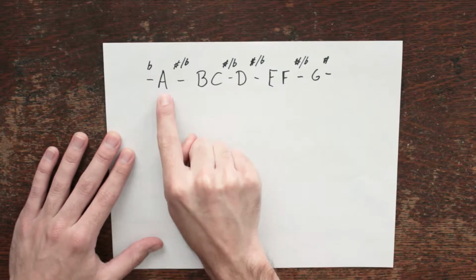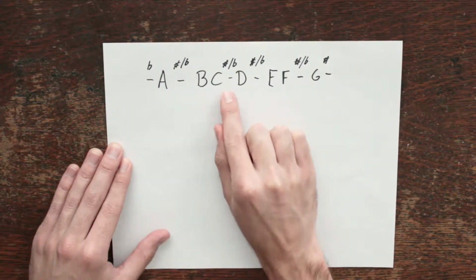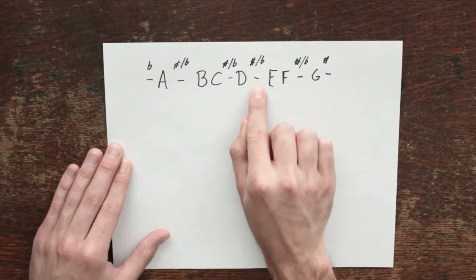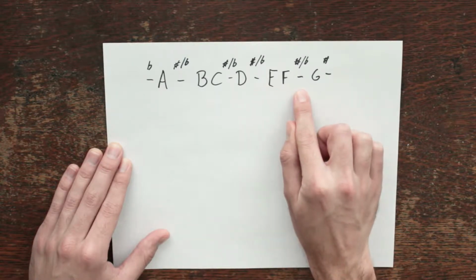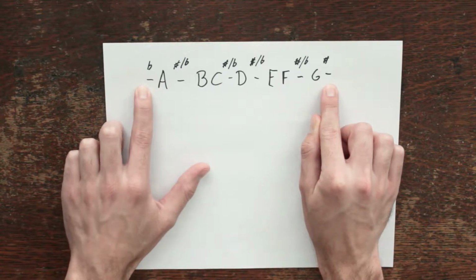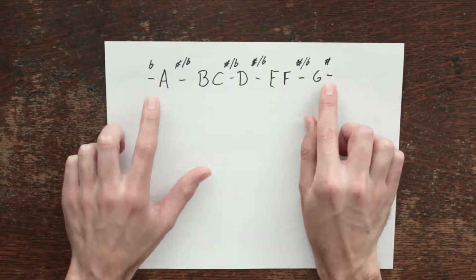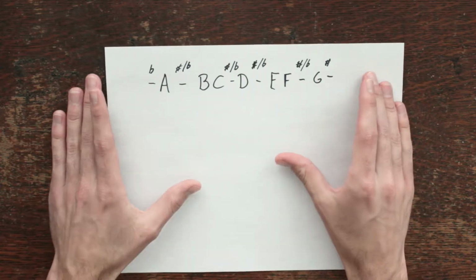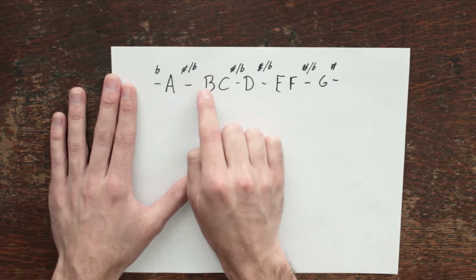So we have A sharp or B flat, B, C, C sharp or D flat, D, D sharp or E flat, E, F, F sharp or G flat, G, G sharp or A flat. These two, not to be confused, are the same line. It's just since I wrote it on a line, it's in two different spots. So I'm saying that these are sharp or flat.